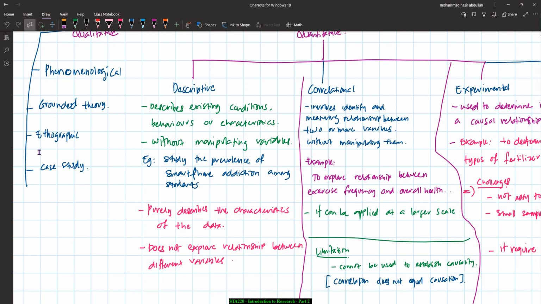Maybe we can collect the data using in-depth interviews and observation. For example, maybe we want to do research about understanding how people cope with chronic pain from a specific condition, right?